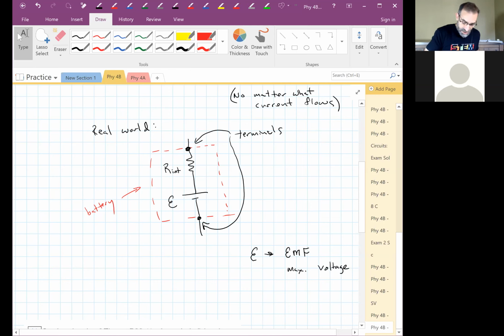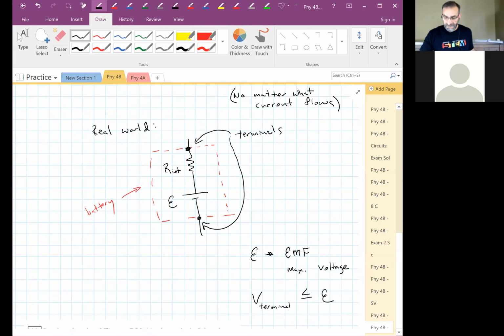That means that the terminal voltage, if we measure the voltage across the terminals of the battery, it's always less than or equal to the EMF, when we're flowing current like this, when the battery's providing the power in the circuit.